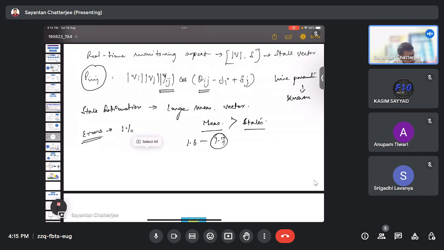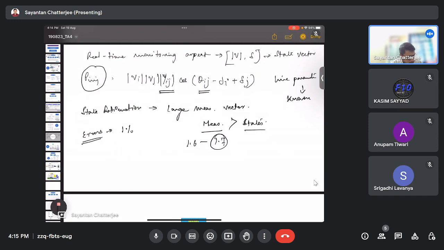And the accuracy of the PMUs is also quite high, around 0.1%, 0.01% errors inbuilt in them.